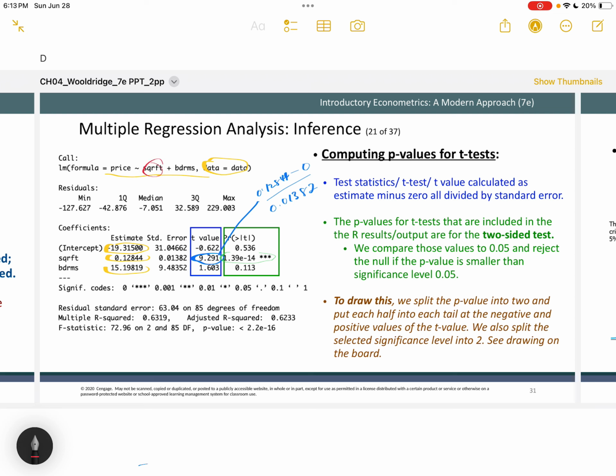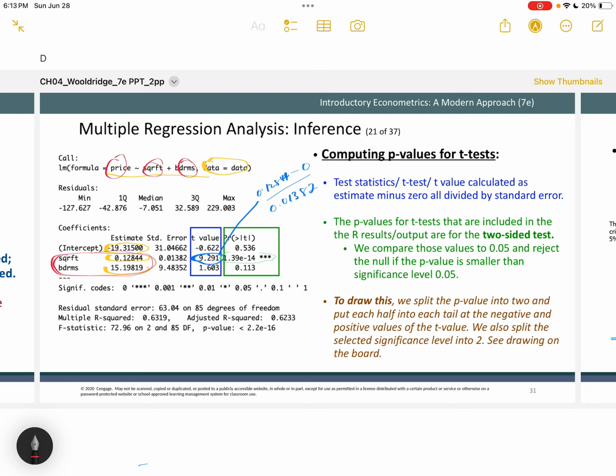So in this output here, where you have square feet and bedrooms as the explanatory variables and price is the response variable, we expect a positive relationship between price and square feet, and between price and bedrooms.